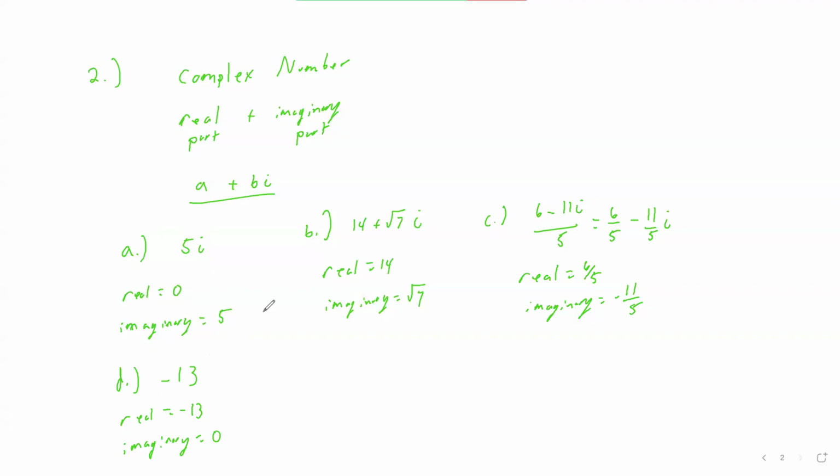All right, so let's work some more out. Let's look at number 3. Number 3 now says to solve each equation for x and y. So we have x minus 7 plus 4yi equals 3 minus 8i.